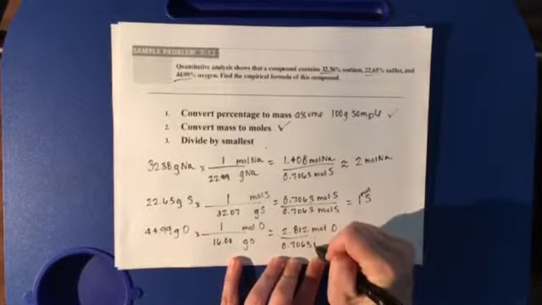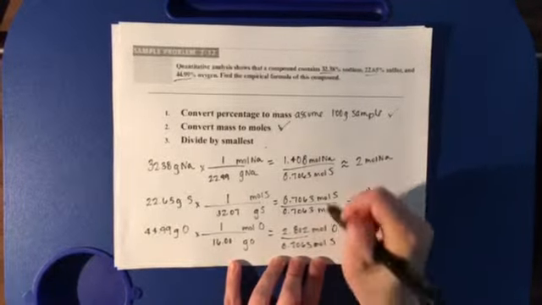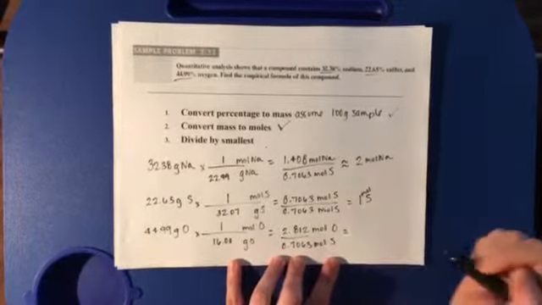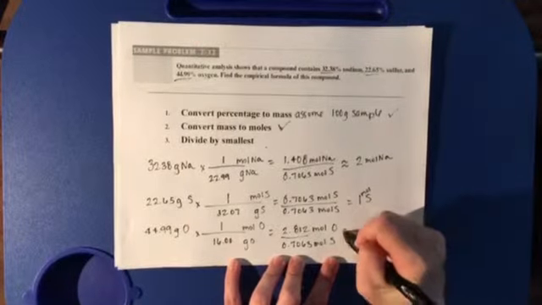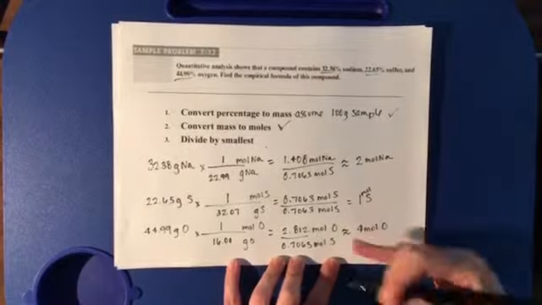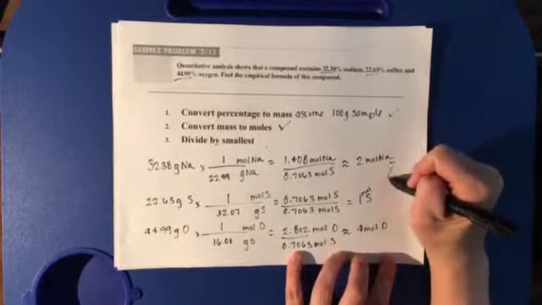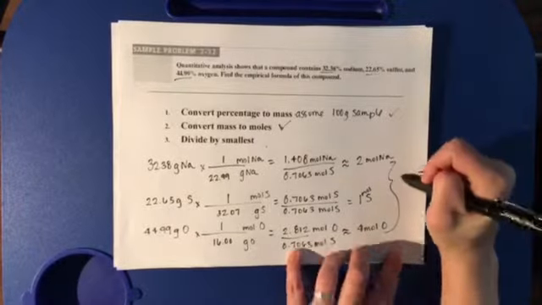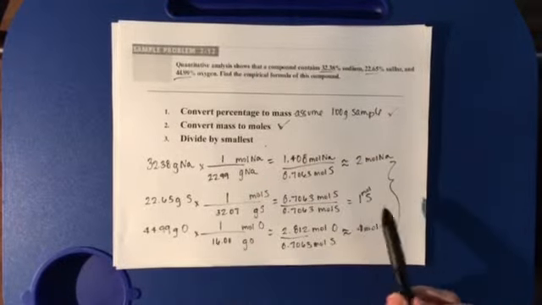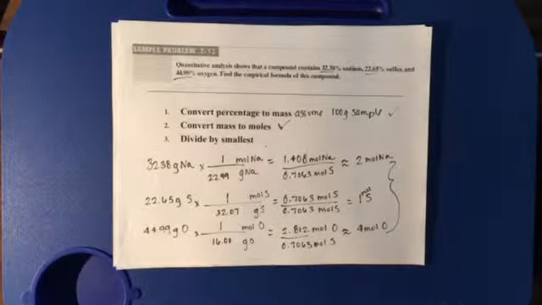And here if I divide by 0.7063 mole of sulfur, so this is all in relationship to sulfur, then I get about 4 moles of oxygen per 1 mole of sulfur. So what this is telling me is that for every 2 moles of sodium, I have 1 mole of sulfur and 4 moles of oxygen. That's their ratio to each other.